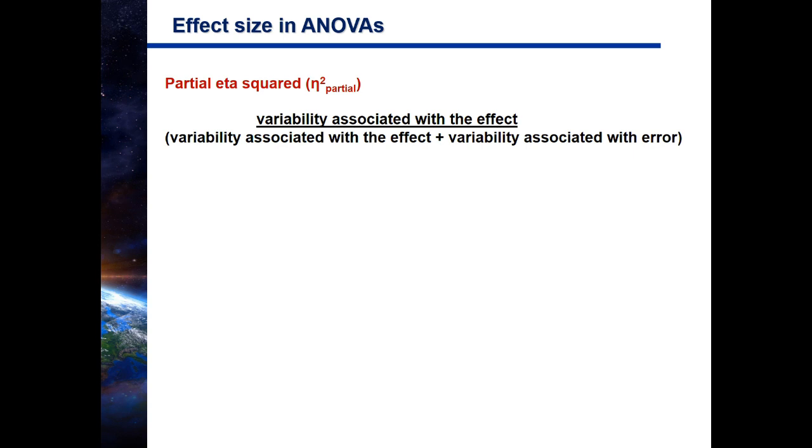When you run an ANOVA on SPSS, it will give you a measure of effect size called partial eta squared. And the symbol for it is here. By the way, if you need to retrieve that symbol, you can just go to my website, and there is a link for writing results in APA format.